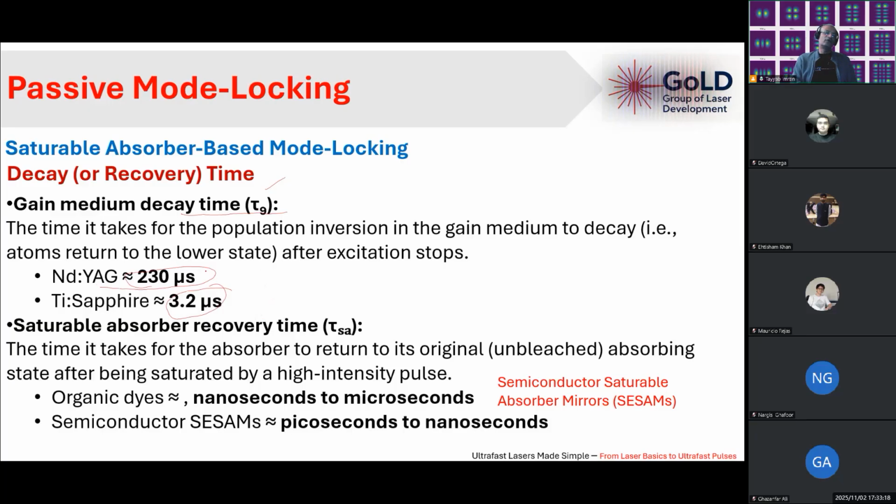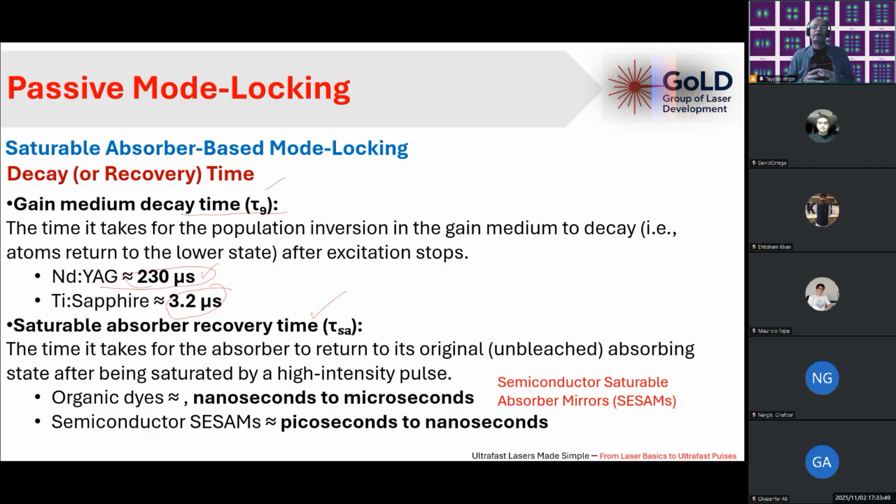That is why Nd:YAG cannot be used to produce a femtosecond laser. This is one of the reasons, and a femtosecond laser can be produced with Ti:sapphire. Now, the saturable absorber's recovery time and the gain medium decay time.